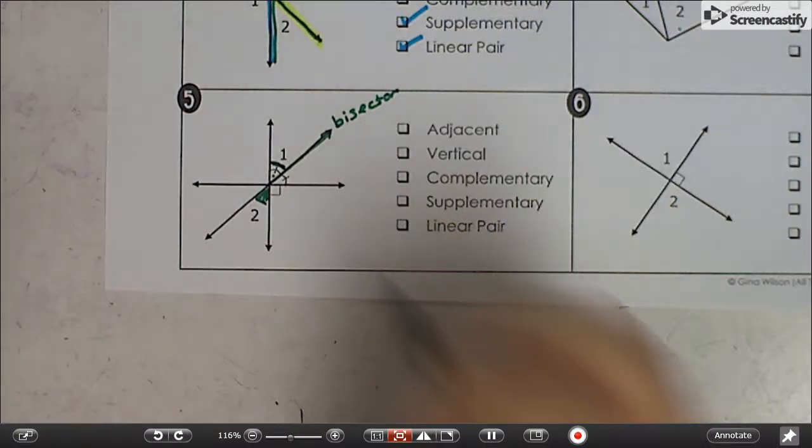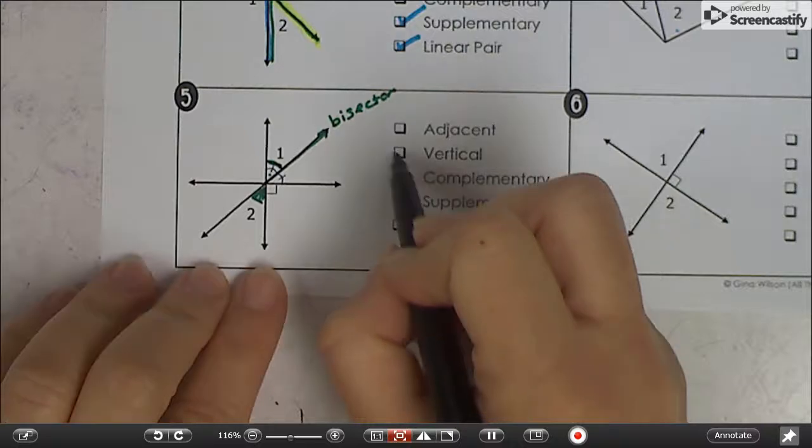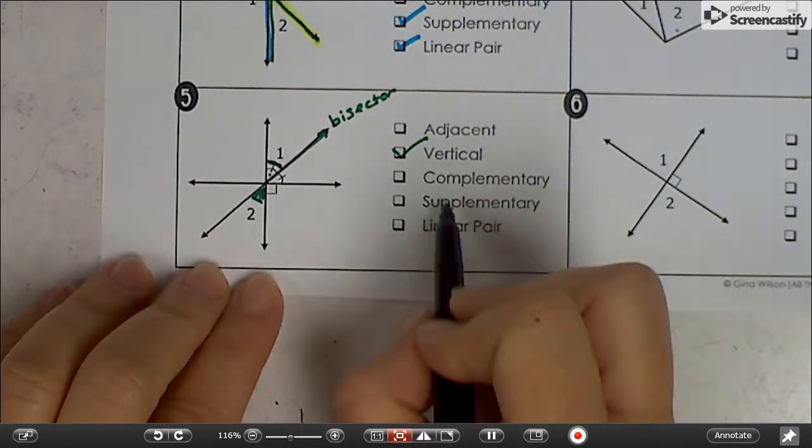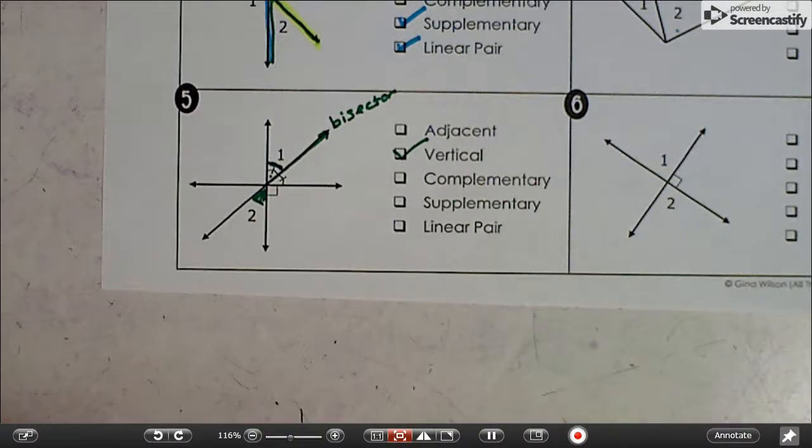Okay, we are talking about angle 1, this one, and angle 2. Are those adjacent, sharing a side? No. Are they vertical? Yes, they're across from each other when two lines intersect. Are they complementary? Actually, they are complementary, and I'm going to explain how I know that because it's kind of strange.